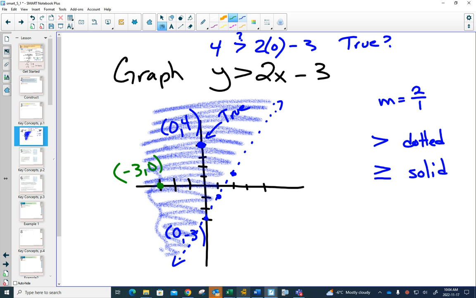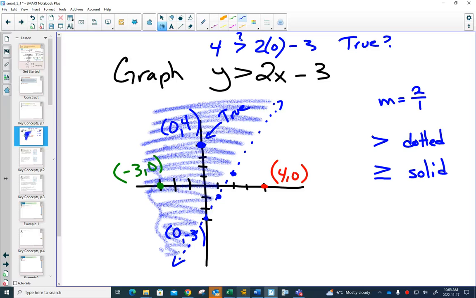If you plug in -3 for x, you're going to get -6 minus 3, -9 on this side, and y is 0. Is 0 bigger than -9? Yes. But any point you choose in this section will be false. Labeled it in red. 2 times 4 is 8. 8 minus 3 is 5. Is 0 bigger than 5? No.